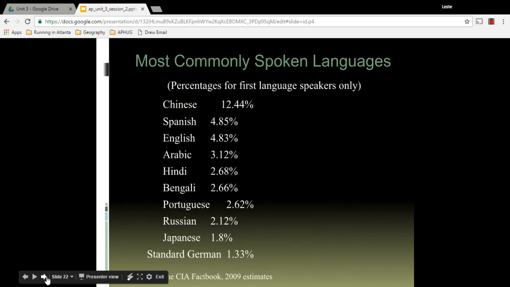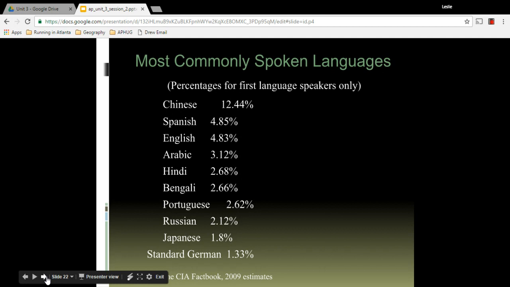So the most commonly spoken languages, if you had written down a list prior to seeing this slide, English certainly would have been at the top, and that might have been a more ethnocentric view. But when we think in terms of population and which countries are the most populous, it should not be surprising that the most commonly spoken language is Chinese.